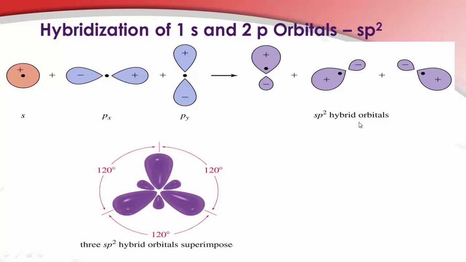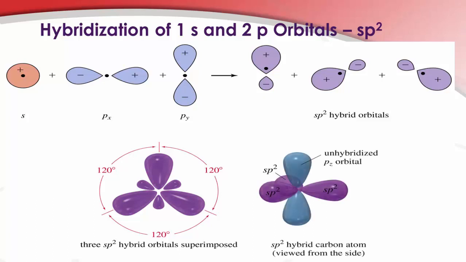And the biggest one here is, of course, they want to maximize the distance between them. But because the z-axis is neglected, these are all in the same plane. So they maximize this distance between each other at 120 degrees, but they're all in the same plane.